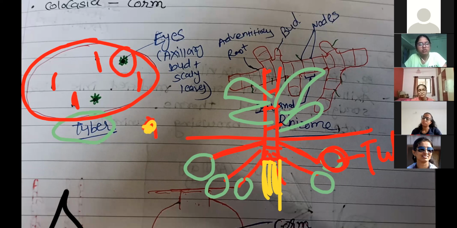Over here, that demarcation point is the node. That structure looks like an eye, so the name given to that structure is eyes. This eye is made by axillary bud plus scaly leaves.